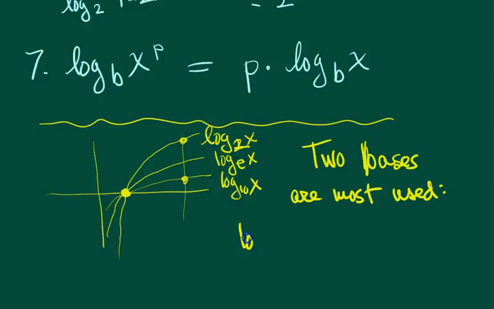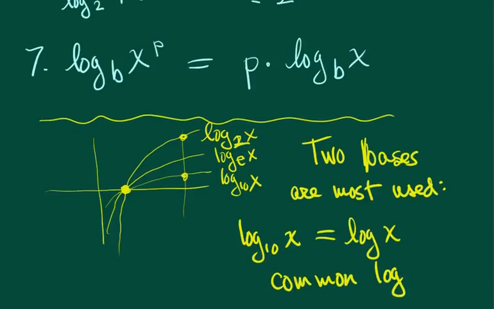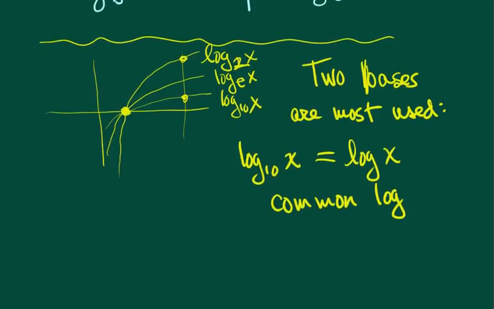We have log base 10 of x, which is what they mean if you just see log with no particular base written there. This is called the common log. Then we have log base e of x, which is used so much that it is also known as the natural log of x.